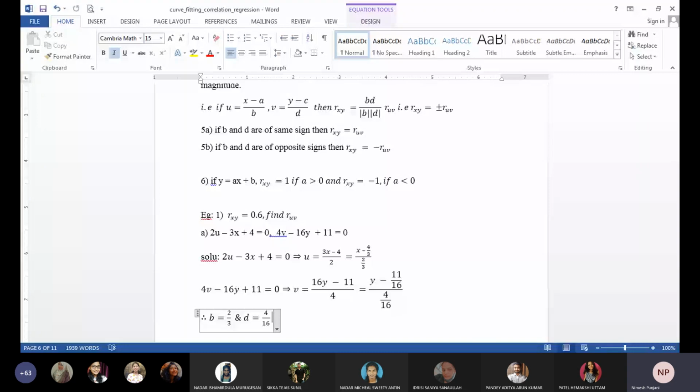Both b and d are of the same sign, both positive.